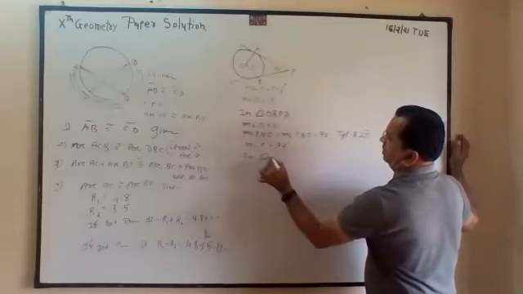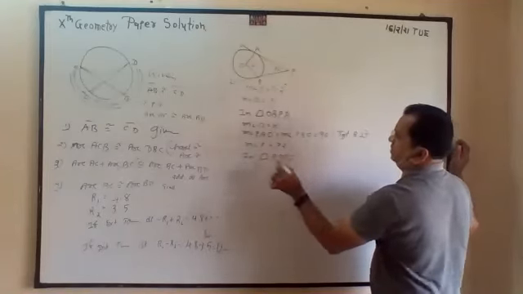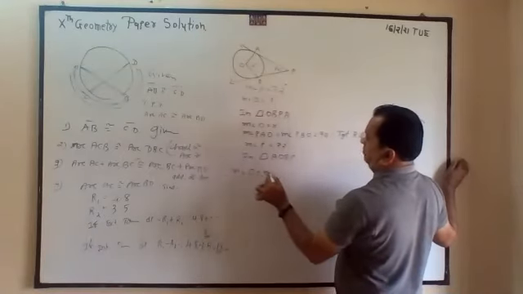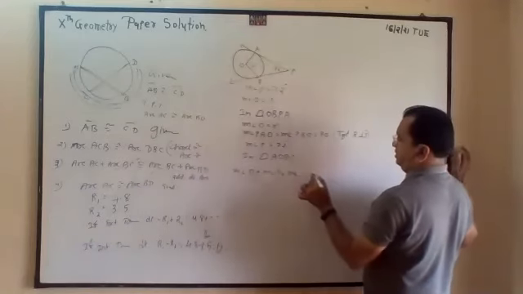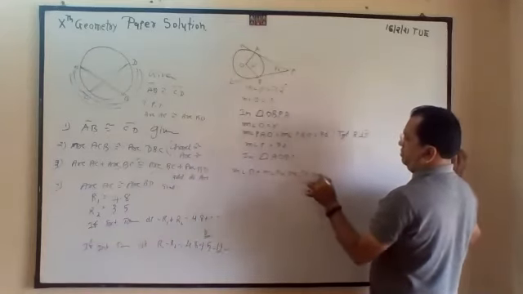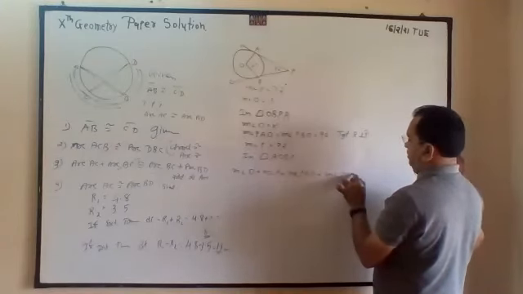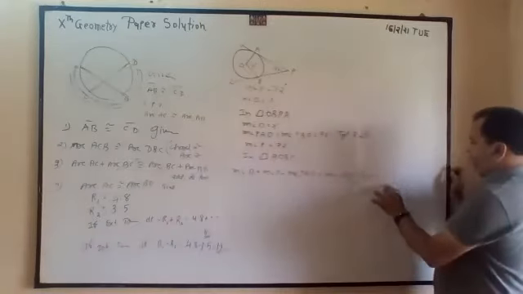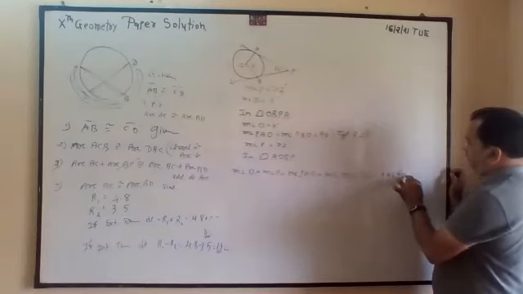Now in quadrilateral AOBP, measure angle O plus measure angle P plus measure angle PAO plus measure angle PBO is equal to 360. Sum of four angles of quadrilateral is 360.